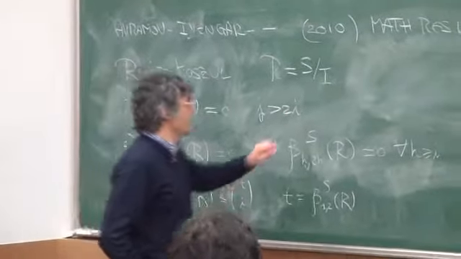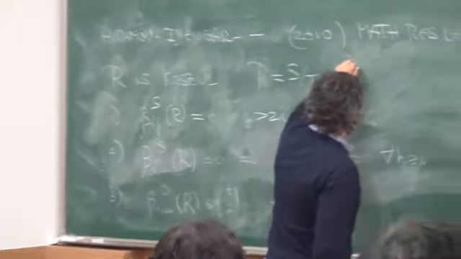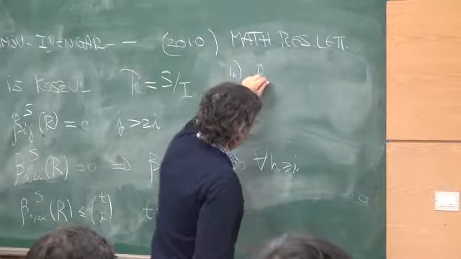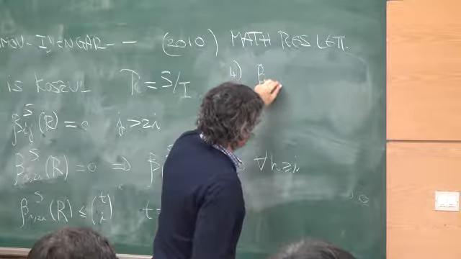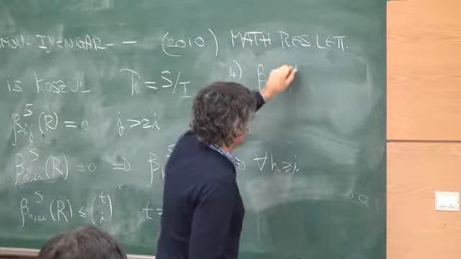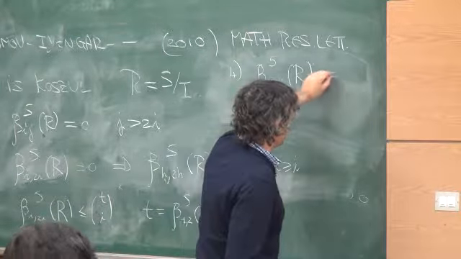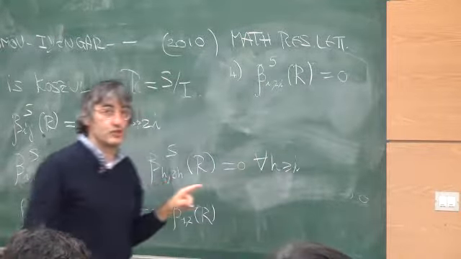Okay, I was saying also that what we know for sure, which is also a little bit expected, is that this top Betti number is for sure 0 if you pass the codimension.